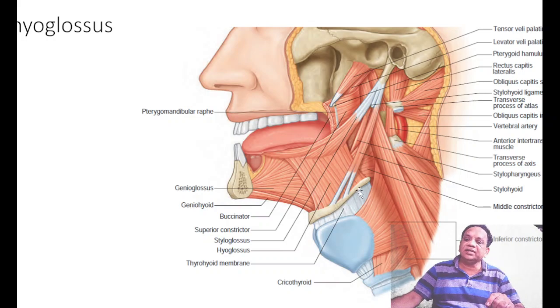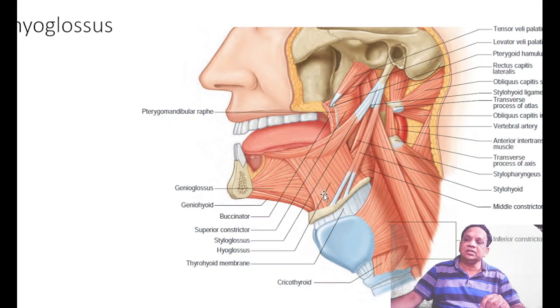From the entire greater cornua and a part of the body, the muscle takes origin and runs upwards, and inserts along the side of the tongue under the mucous membrane. This is the side of the tongue, and at its insertion, that means its ending point, it blends with another muscle from the styloid process. This is the styloglossus muscle.